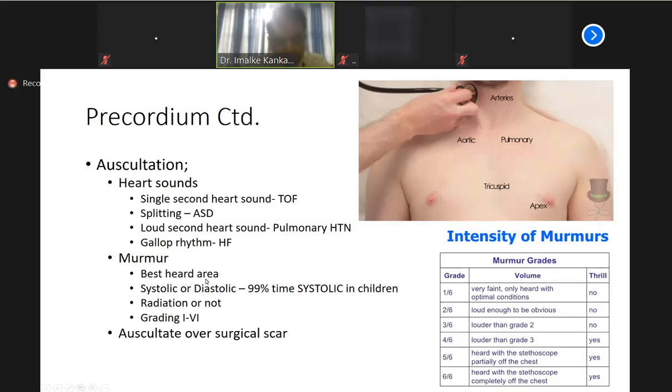So most important thing is best heard area. Even if you do not know how to differentiate diastolic from systolic murmurs, in children, just say you heard a systolic murmur. If you're going to tell you heard a diastolic murmur, that means you have to think so many times.